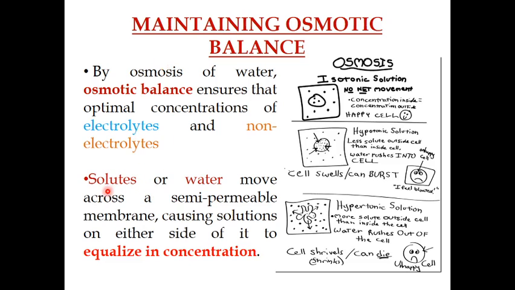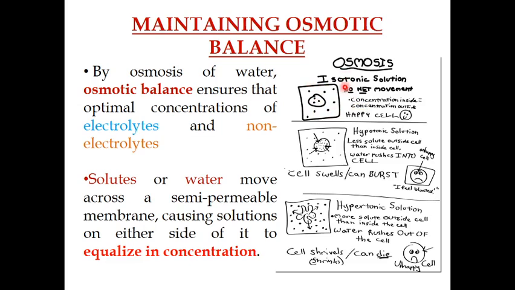Solutes or water move across the semi-permeable membrane, causing the solution on either side of it to be equalized in concentration. And in osmosis you can see three specific types of states, if you consider a cell as well as its external environment.